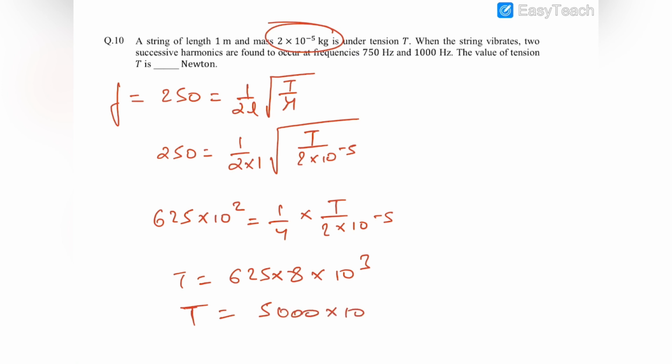In fact this would be minus 3, so it would be equal to 5 Newton. So the tension in the rope will be 5 Newton. Now we move on to the next question.